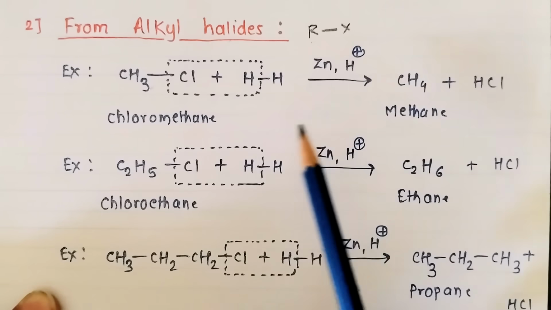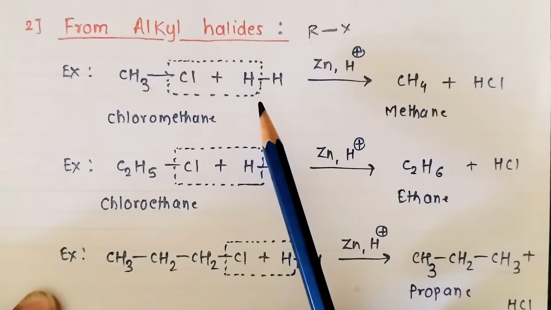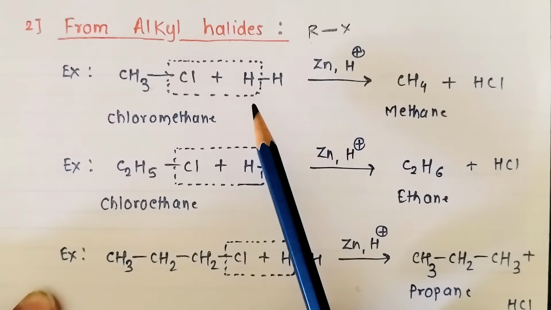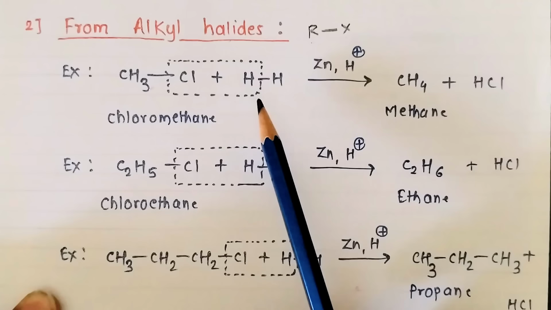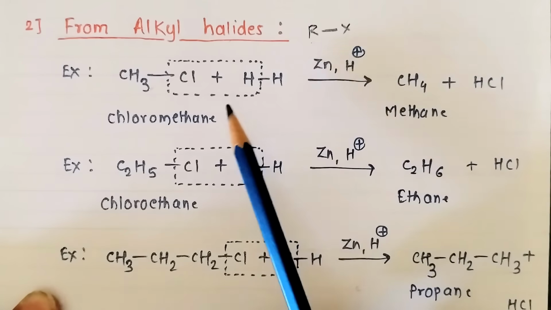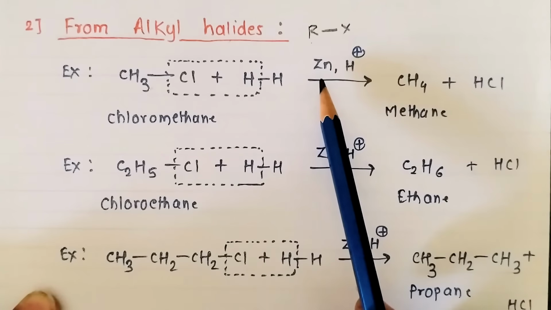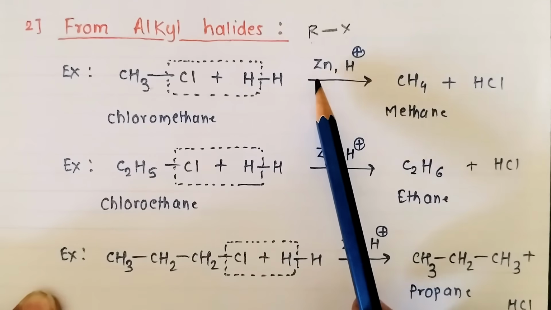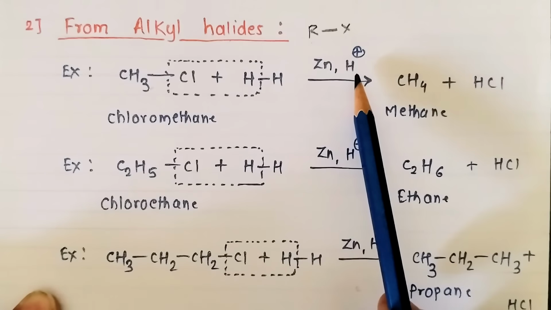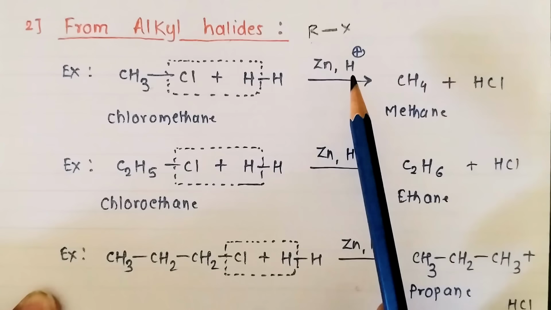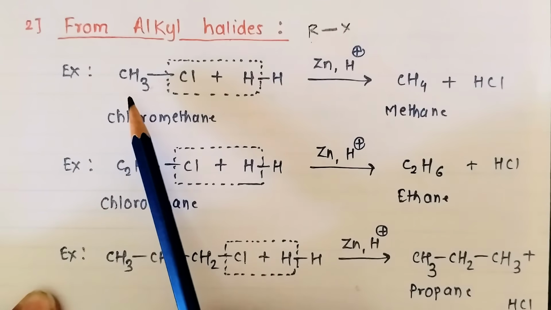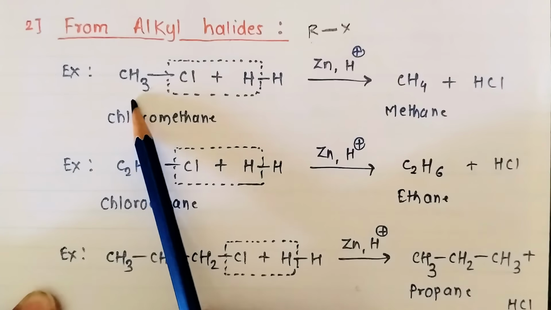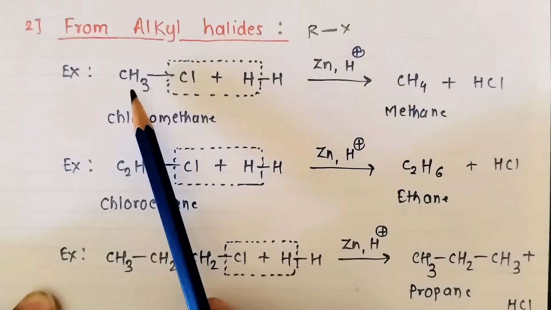This reaction is a reduction reaction. One definition of reduction is addition of hydrogen. This reduction is carried out in the presence of zinc and dilute hydrochloric acid, and we get alkanes. To understand this, we take an example, chloromethane.